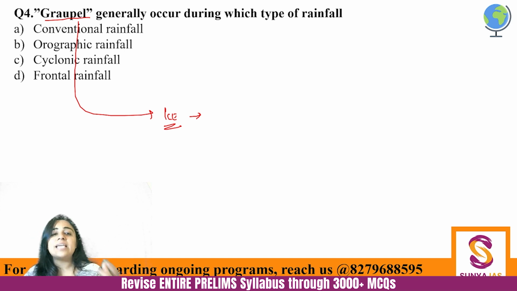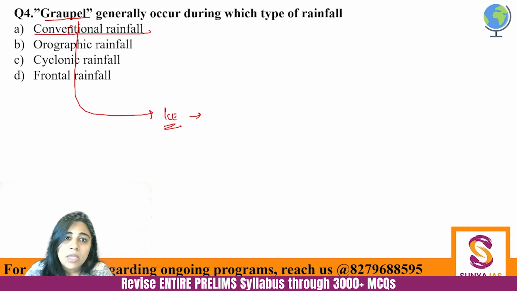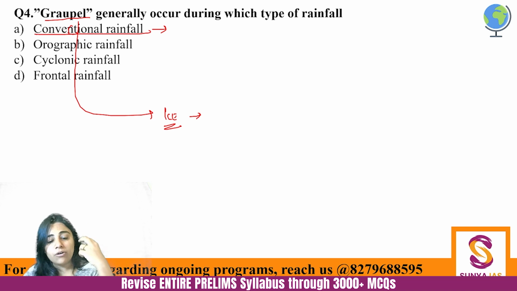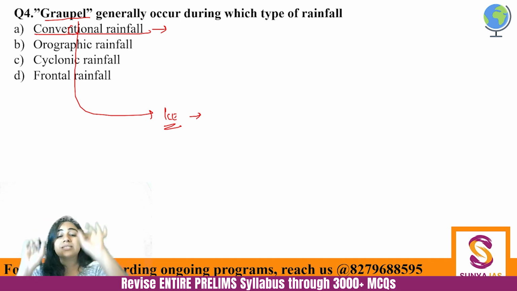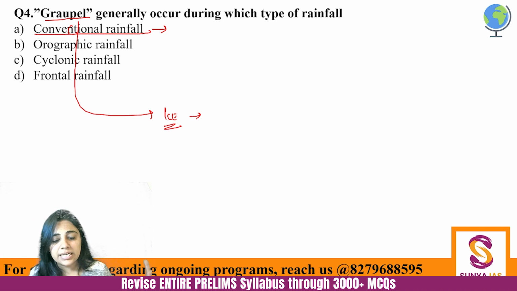So when does this happen? This actually happens in convectional rainfall, when the water is very cool and it is heated up, right? If first the water is very cool, then it is heated up, it rises in convectional currents, and when it goes up, it actually loses the heat, and that is the time when it is transforming into small snowflakes, right?